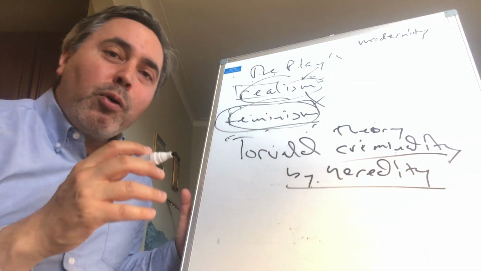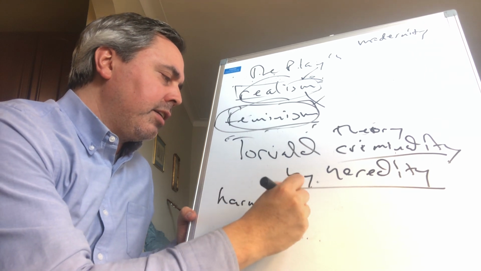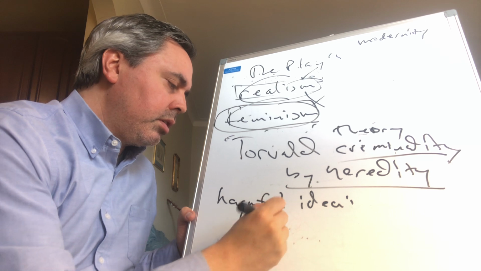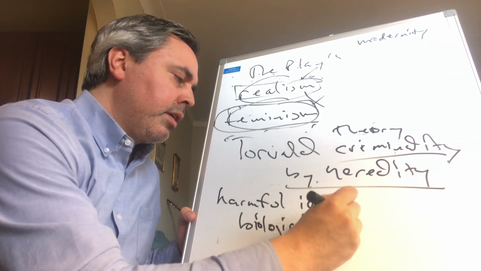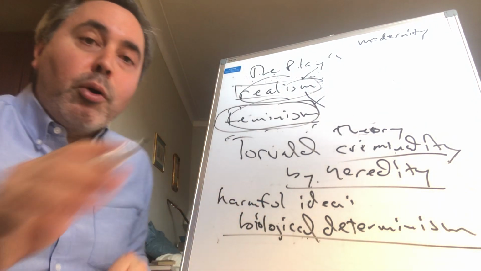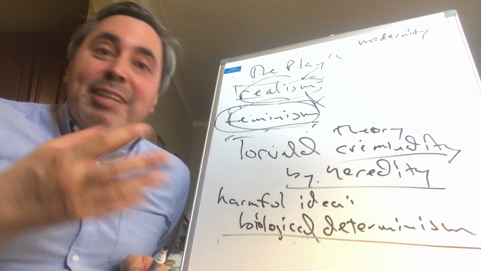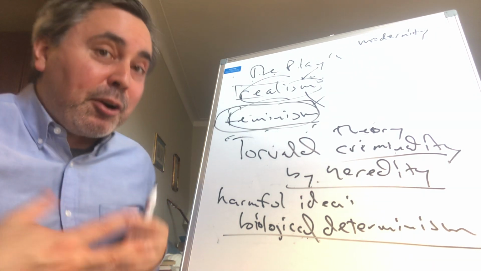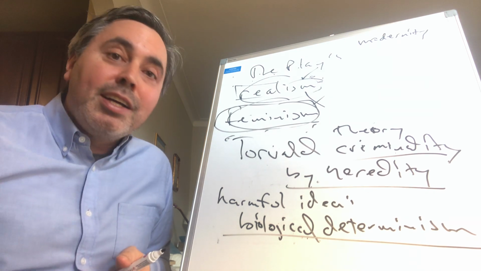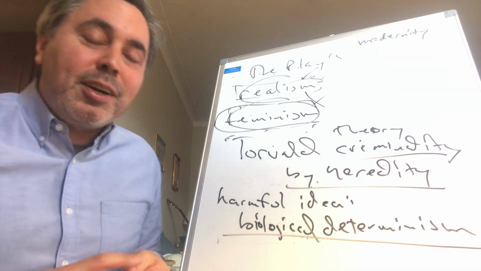And this is this old, very harmful idea of biological determinism, that we ultimately don't have free will, that what our genes say is what we are, that we can't correct through education, through effort, through will and effort and all this sort of stuff.